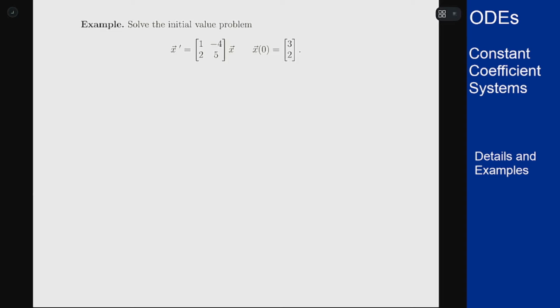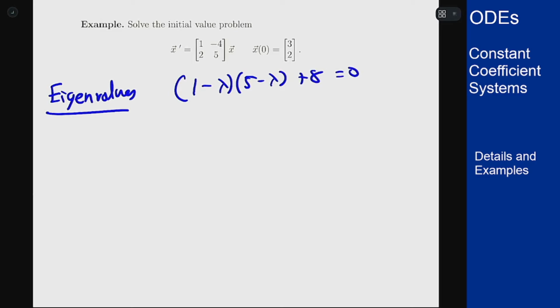So our first step, as always, is to look for the eigenvalues, which in this case are given by (1 - λ)(5 - λ) + 8 = 0, λ² - 6λ + 5 + 8, or λ² - 6λ + 13 = 0. That doesn't factor.